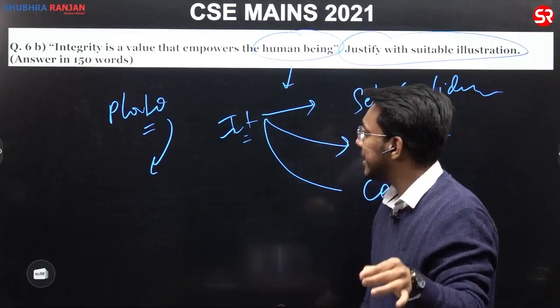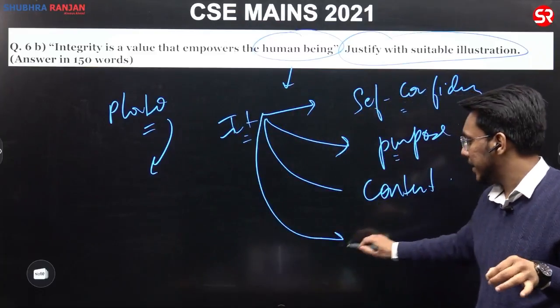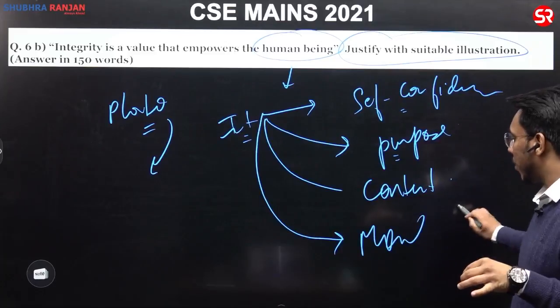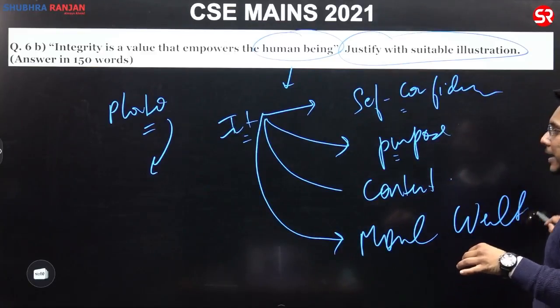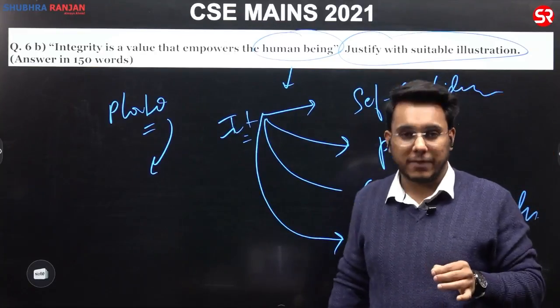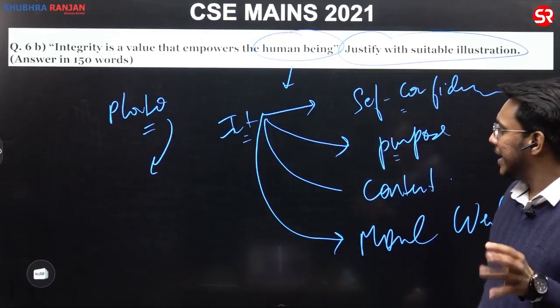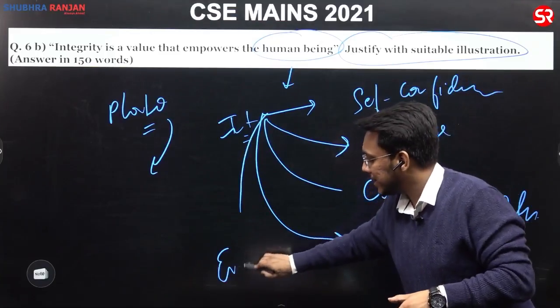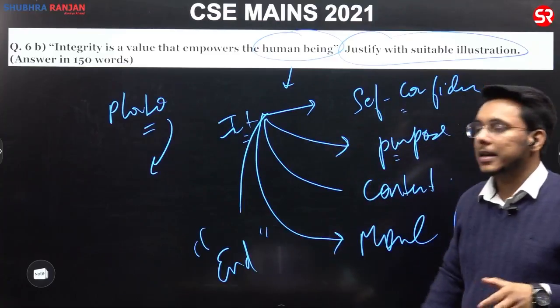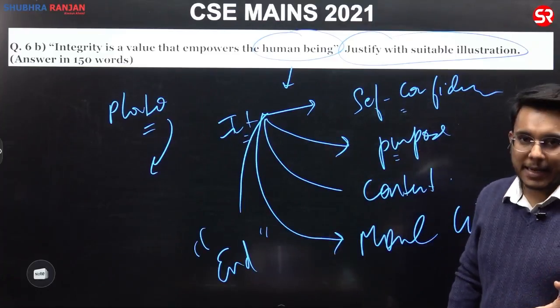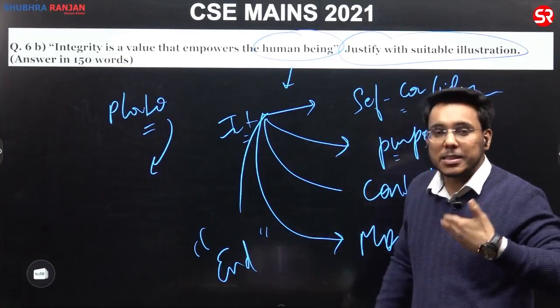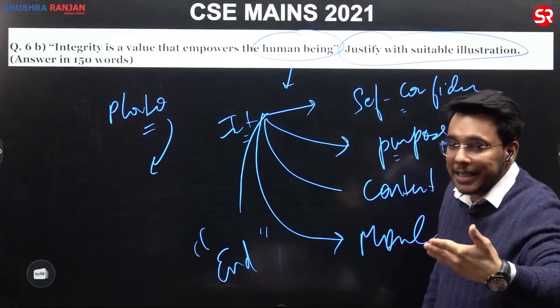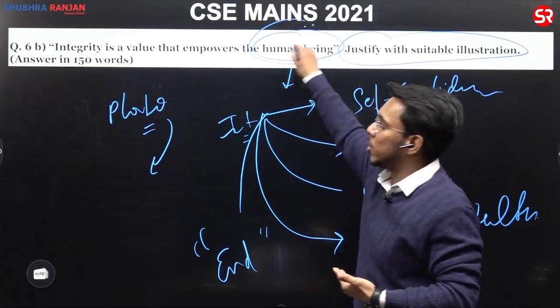Why? Because integrity in itself is the foundation of moral wealth. Integrity in itself is an end. So integrity in itself is a value that empowers the human being.